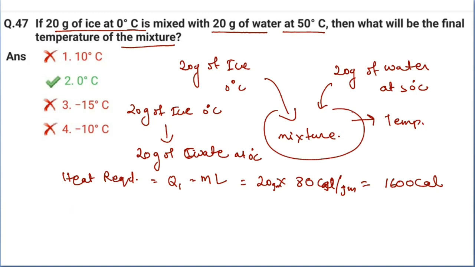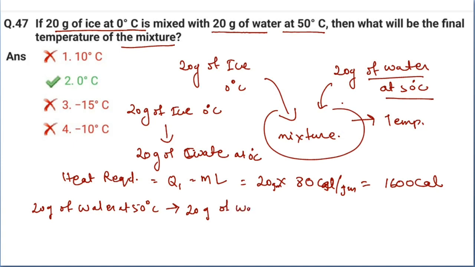Now when 20 gram of water at 50 degrees Celsius releases heat to become 20 gram of water at 0 degrees Celsius, the heat released is ms delta theta, where s is specific heat.